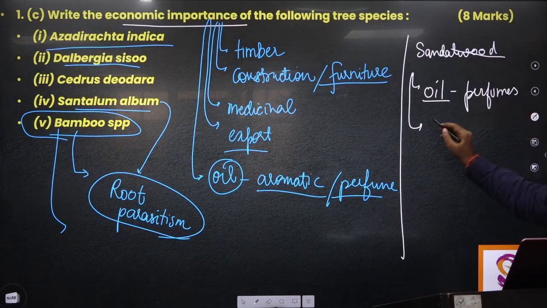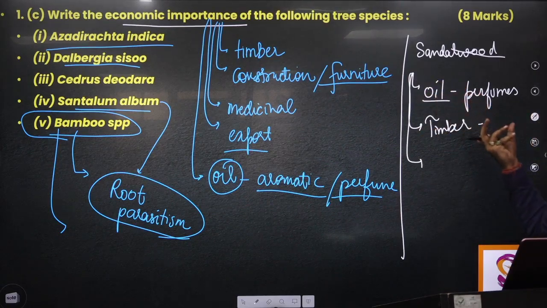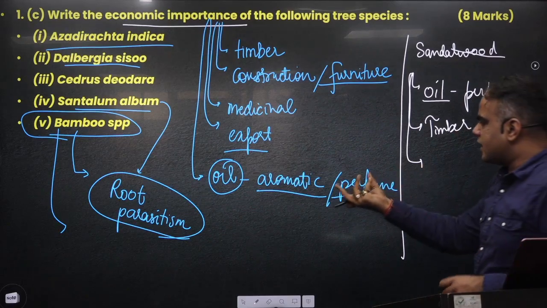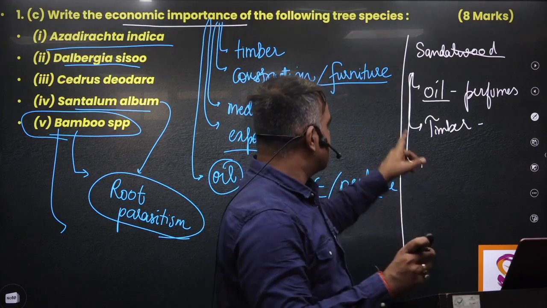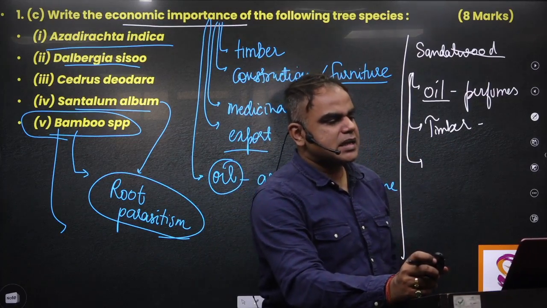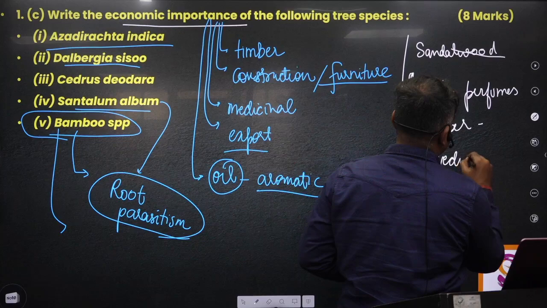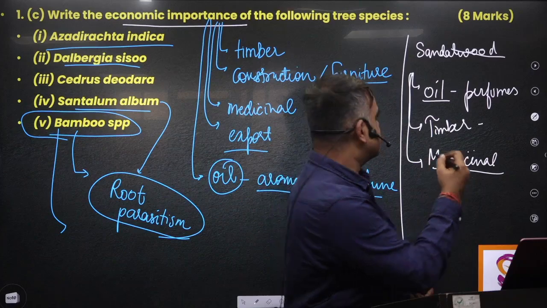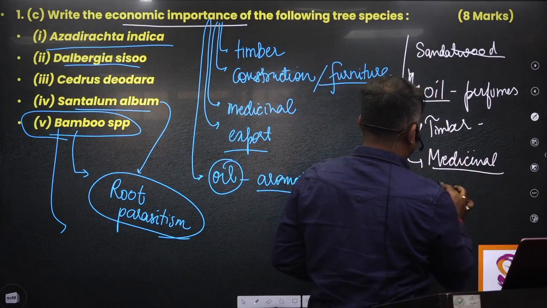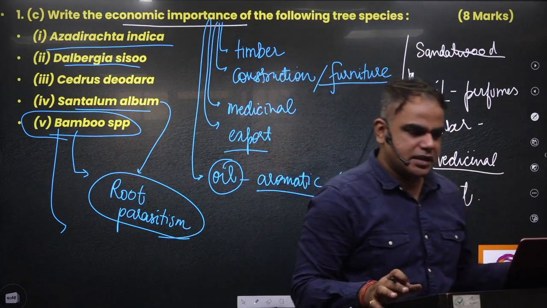Other than that, the timber is used for carvings, okay, furniture, handicrafts. So one, oil. Okay, so again terms like aromatherapy, this sandalwood oil is used. It is also used in timber, plus it also has certain medicinal usage. So almost you are seeing that there are things that are getting used. Export, this is also highly exported. These are the main parts that you can highlight here.